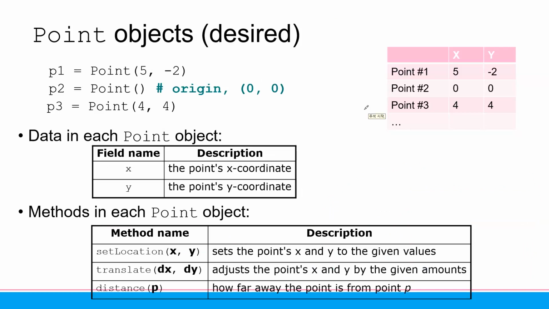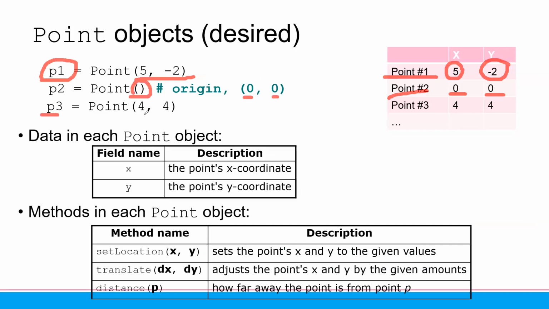So in general, I can say something like this. I want to have a point 1, and this point 1, the x is 5 and the y is -2. I have another point, point 2, and point 2 is 0 and 0. So without defining any parameter, I can just set 0 and 0.